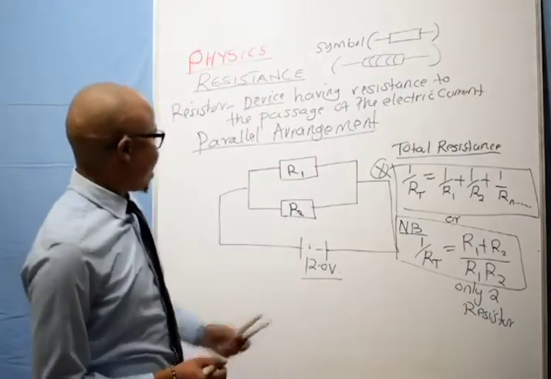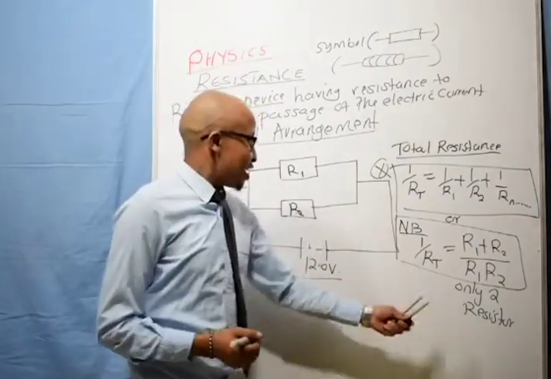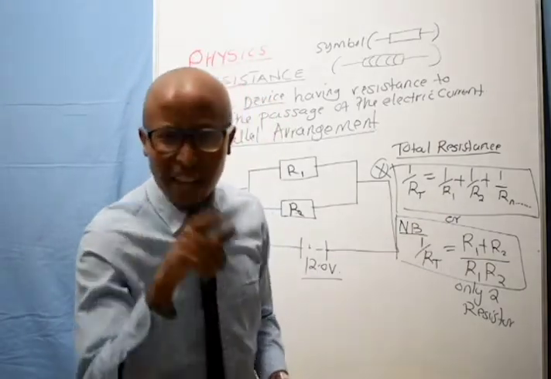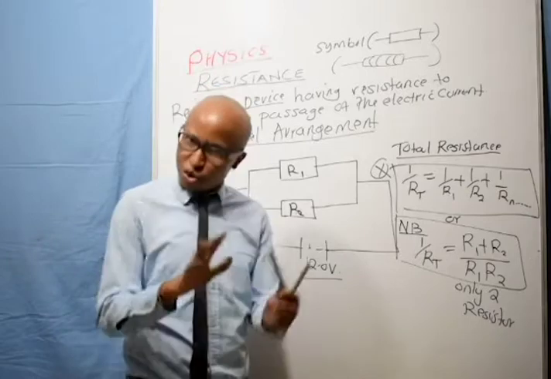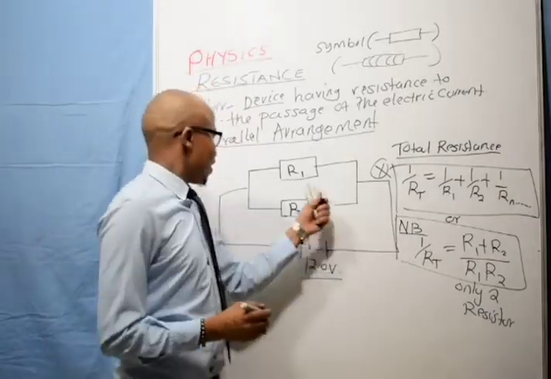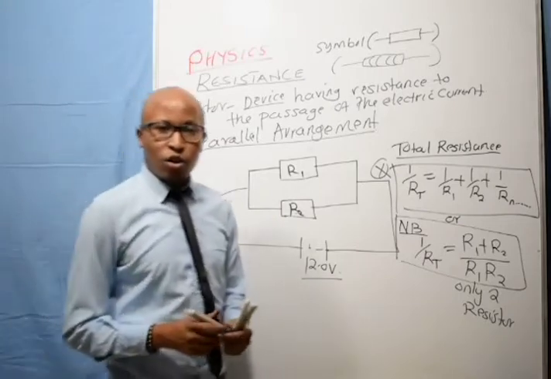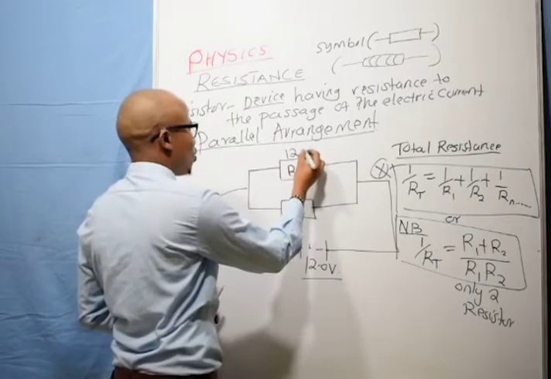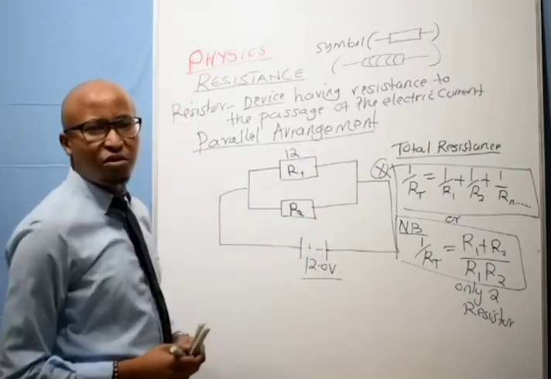So, knowing that, and you have written it in your book, I don't expect that next time I give you a question, you get it wrong. Are you together, my students? So, example number 1. You are given resistor number 1 equals 12. What's the SI unit of resistance?